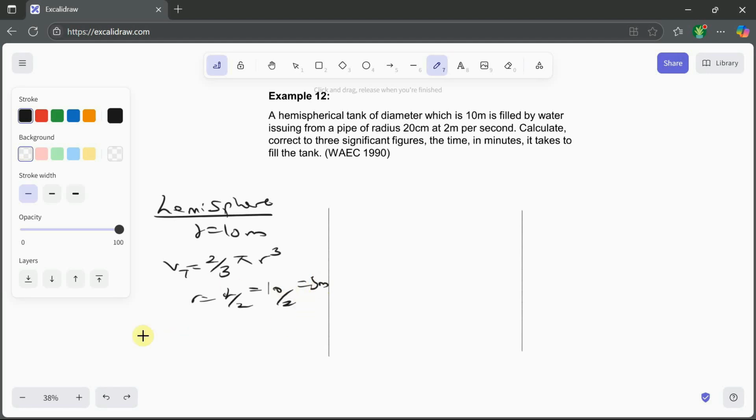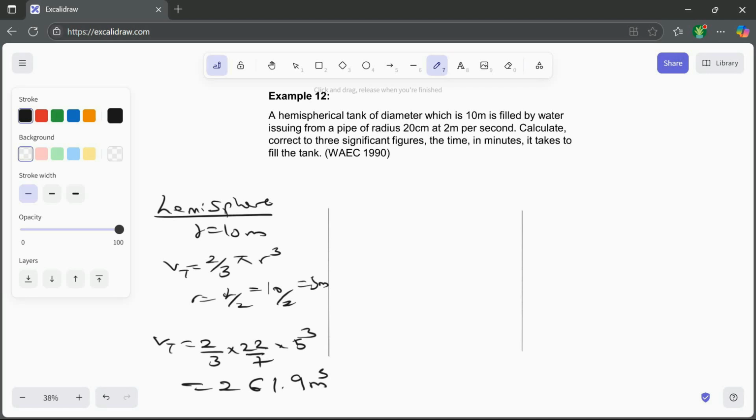So the volume of the tank is 2 over 3 times 22 over 7 times 5 cubed. So that is 2 times 22 times 125 divided by 3 divided by 7. That will give you 261.9 meter cubed.